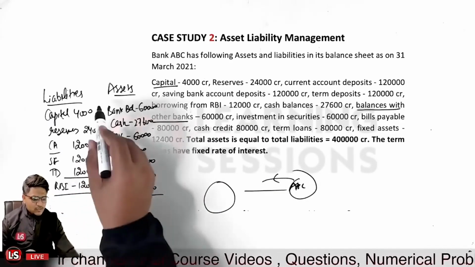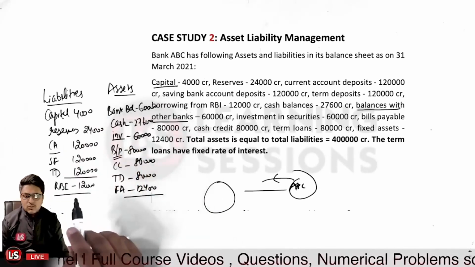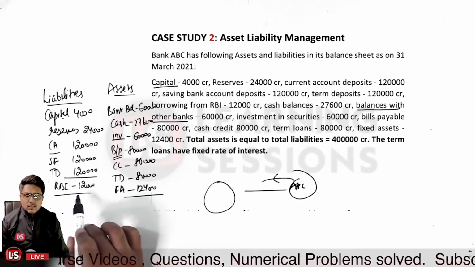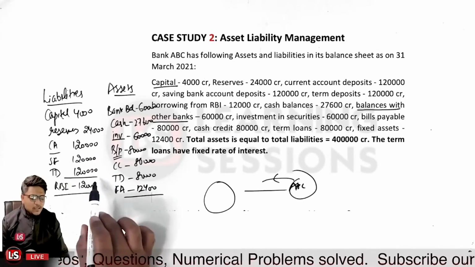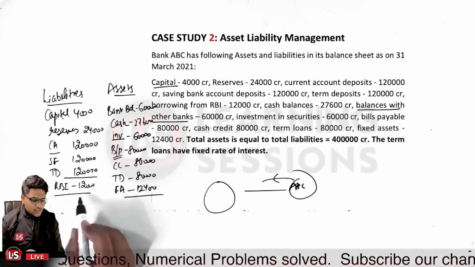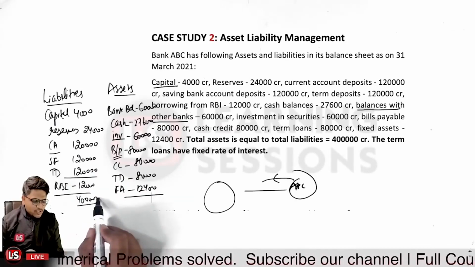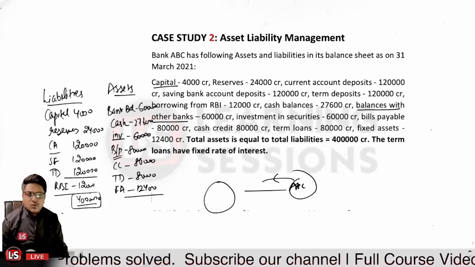So if we take a total of these, it will be 4,000 plus 24,000 is equal to 28,000, and further 12,000 from Reserve Bank of India, it is 40,000, and 3,60,000, so it is 4 lakh crore. So it is 4 lakh crore given in the question itself. We just cross-checked it.